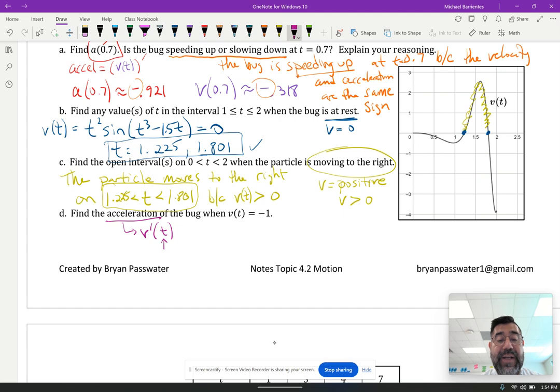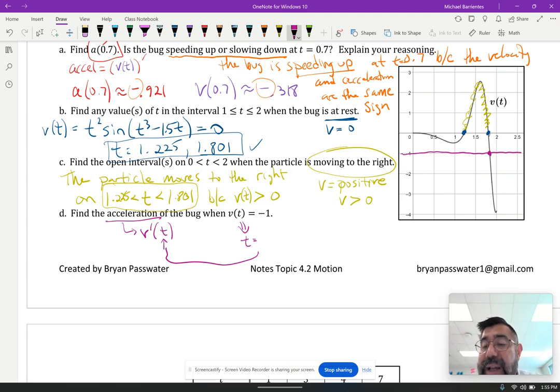So I need to figure out a time first and then plug that into the derivative of the velocity. So how do I figure out the time at which the velocity is equal to negative 1? I can look at the picture and say, oh, look, at some time between 1.5 and 2, it does cross negative 1, and therefore that's when the velocity is negative 1.